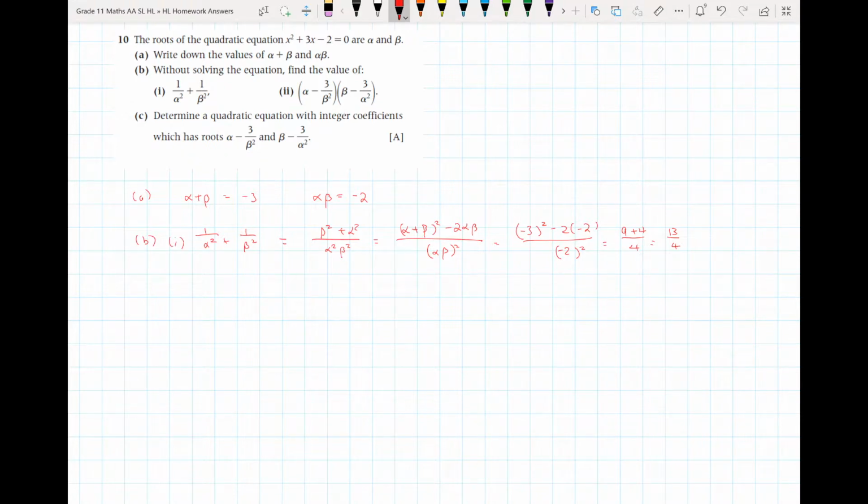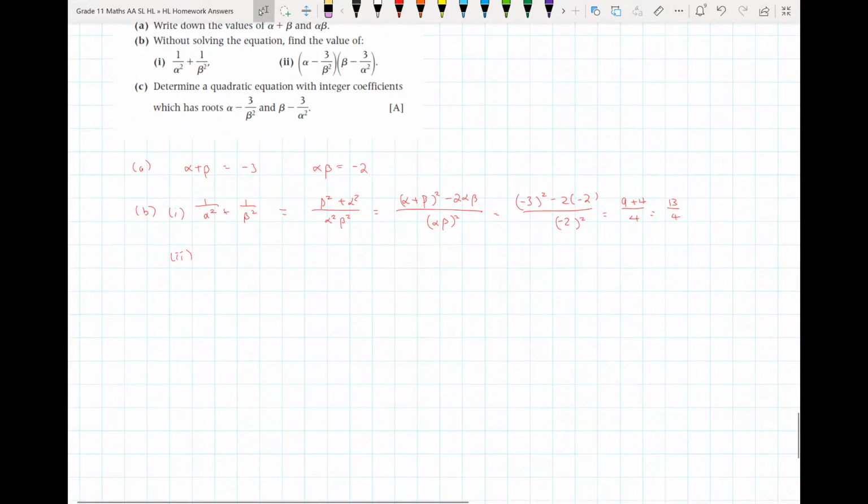This is I. Ooh, look at this. It's giving me a headache. All right, FOIL, alpha beta, and then we have minus 3 over alpha, and then 3 over beta, and 9 over alpha square beta square.